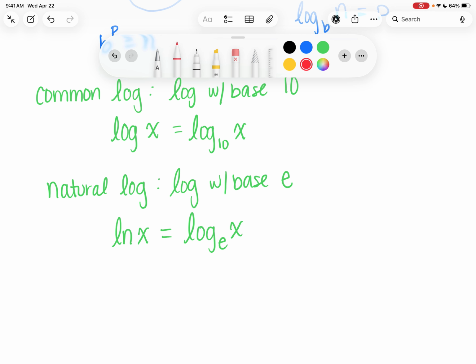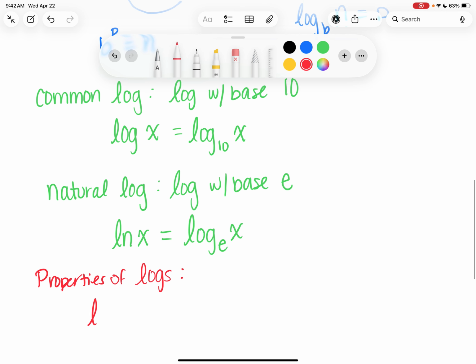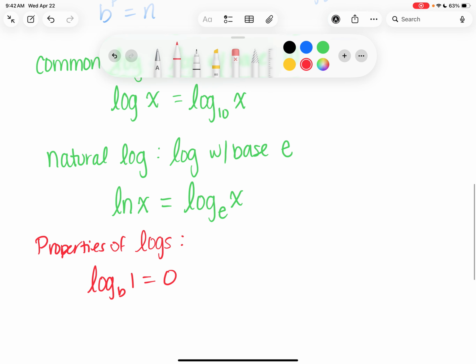And lastly, for the notes, we have some properties of logs. The first one is basically called the log of 1. So if we have log base b of 1, that's equal to 0. The reason is because if we started here, we have a log. So if I make an exponential, b raised to the 0 is equal to 1 because anything raised to the 0 is 1.